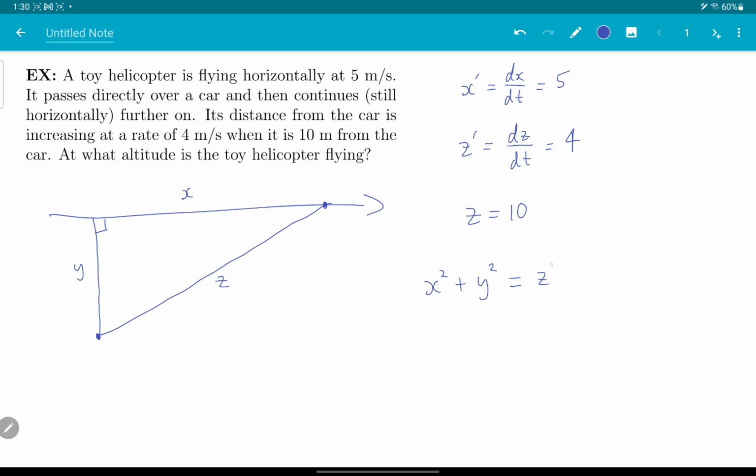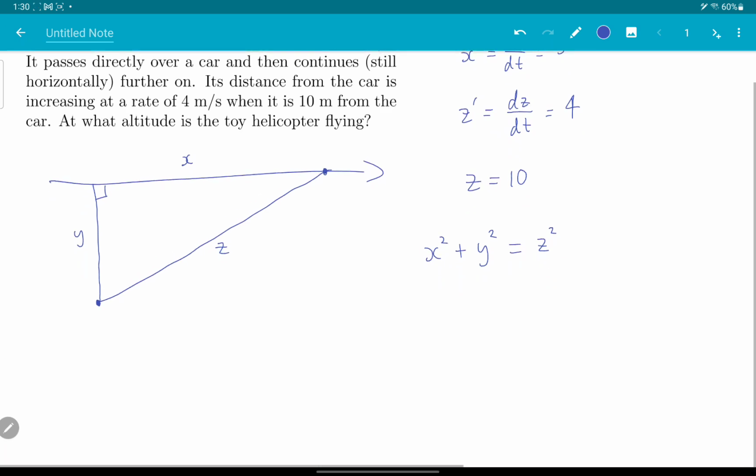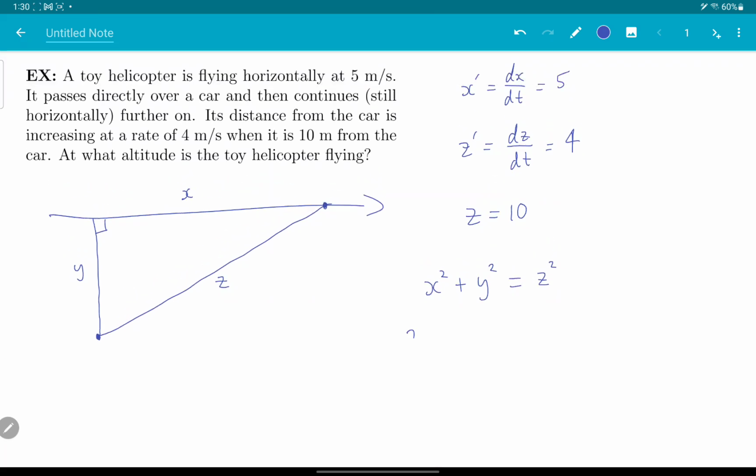Okay, I'm given information about x and z, and Pythagoras relates x, y, and z, so I'm going to write down Pythagoras. Okay, I'll take a derivative of both sides, and look to see if anything can simplify.